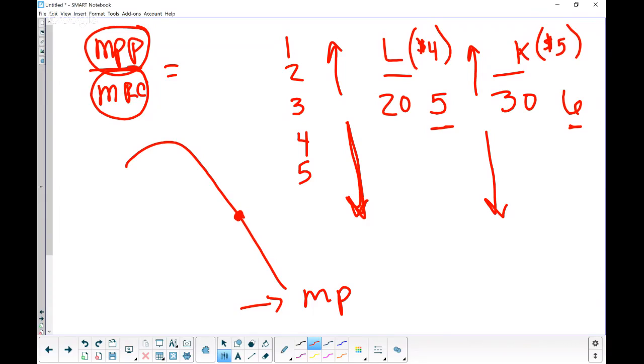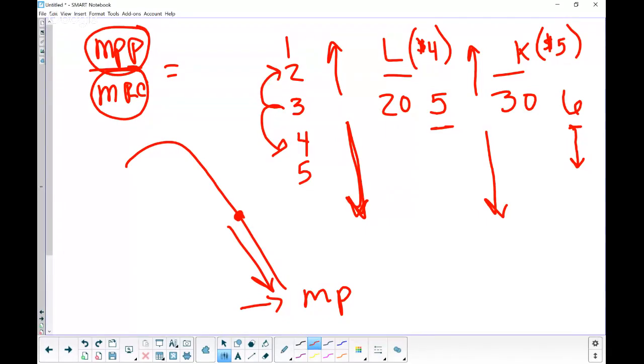So if we increase our capital, notice I'm doing a downward arrow, but we're going from 3 to 4. If we increase our capital, we're getting closer to 5 because of the marginal product curve, right? Over here, we want to actually decrease production because we want to get closer to 6. So we're going to decrease our production maybe to 2. Okay.